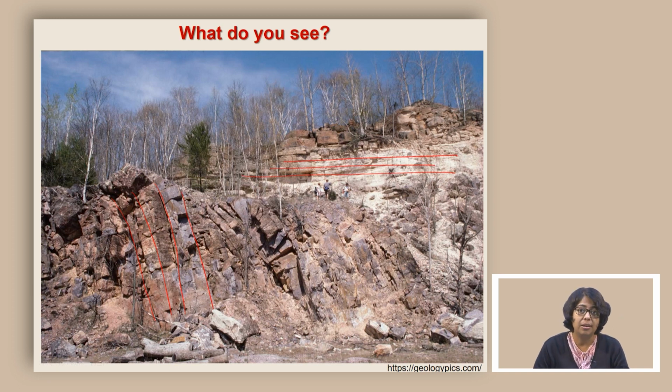Does it tell you anything? Again, we are looking at observations, at the rocks that we can see outside, and trying to figure out whether we can deduce anything about their nature, about how they were formed and when they were formed.